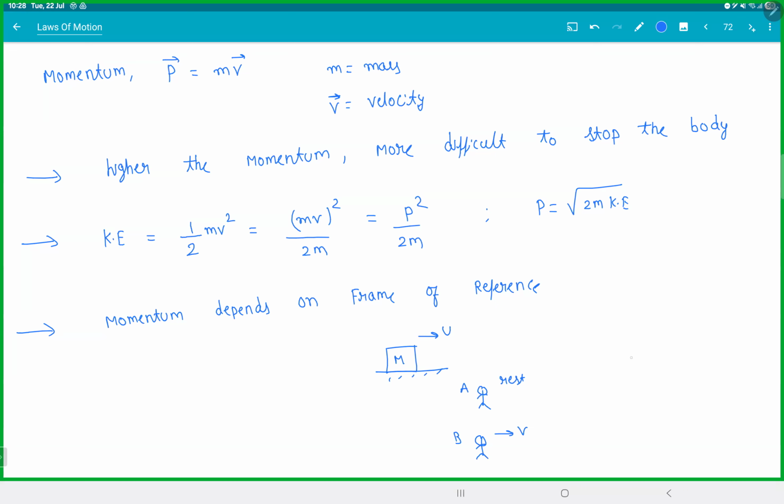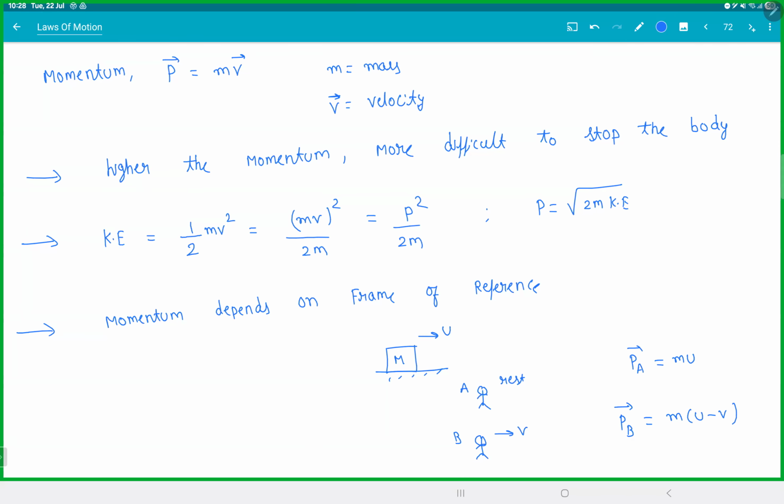If you ask A what is the momentum, A will say momentum is m into u. If you ask B, he will say it is m into u minus v. So depending on who is seeing the body, the momentum can change. Clear with this?